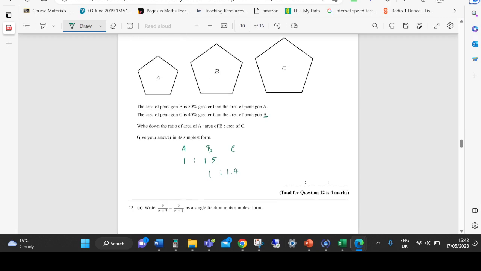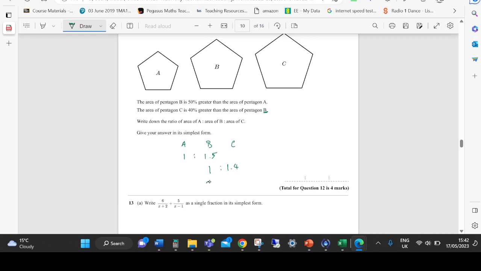Then I'd need to combine these. I'm going to combine them with a ratio of 3, so that one would times by 2. Actually, I'm going to alter this in a minute anyway. I need to times this one by 3. So that would give me 4.2.